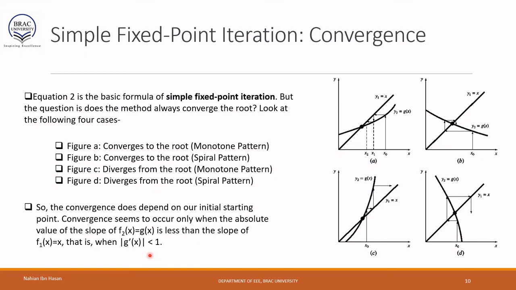In the code, if we calculate g prime of x and compare it with 1, and we see that this value is greater than 1, then there is no assurance of convergence. That means we terminate the code there and start the calculation with a new value x naught. But if the modulus of g prime of x is less than 1, it is assured, then we can say that our method is going to converge.